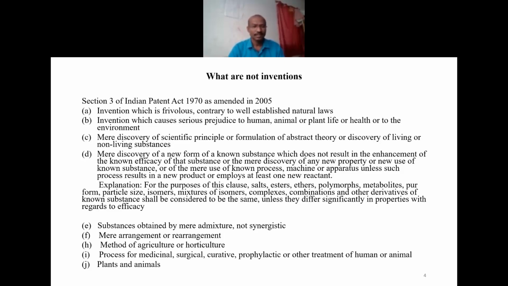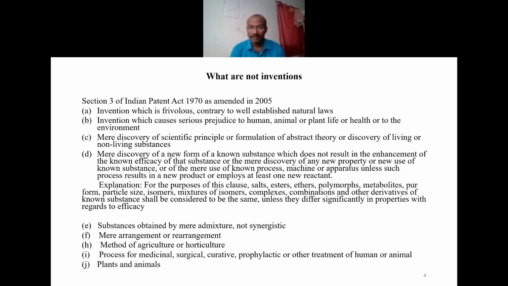Section 3D is about the mere discovery of a new form of a known substance. New form in the sense that if a chemical compound is already there and you come with its new form, like its salt form, its ester form, its ether form, polymer form, or any other form, then if it does not result in the enhancement of the known efficacy of that substance, it cannot be patentable.